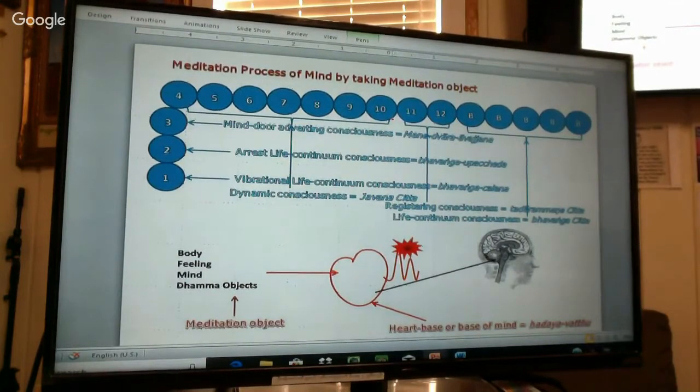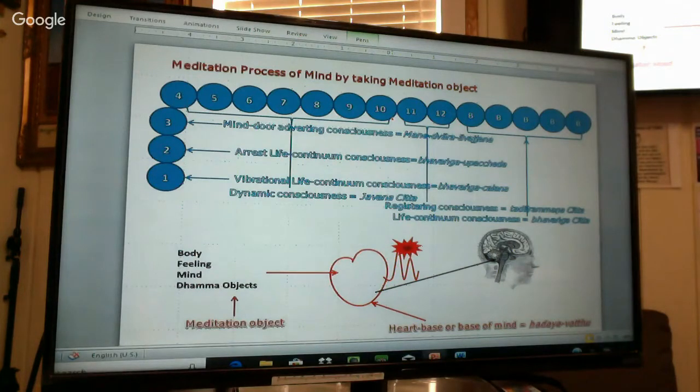So that process goes again and again when you practice with the Patibhaga Nimitta in your mind. That's the mind thought process, again and again, until very powerful concentration power.